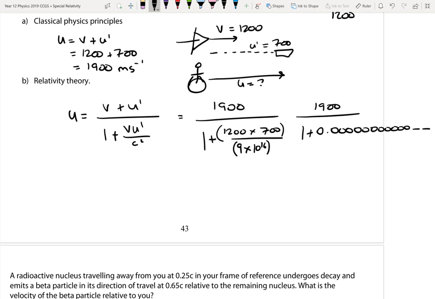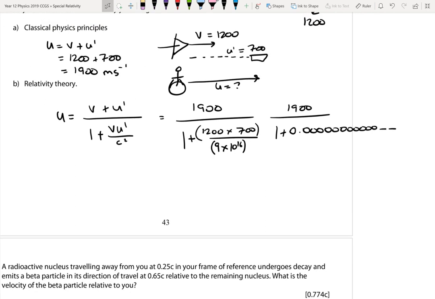Classic mechanics. Unfortunately, your Casio FX82 just goes, nah, that answer is 900. But it's actually 1,899.99999999999 something meters per second. But not significant to our 3 sig figs.